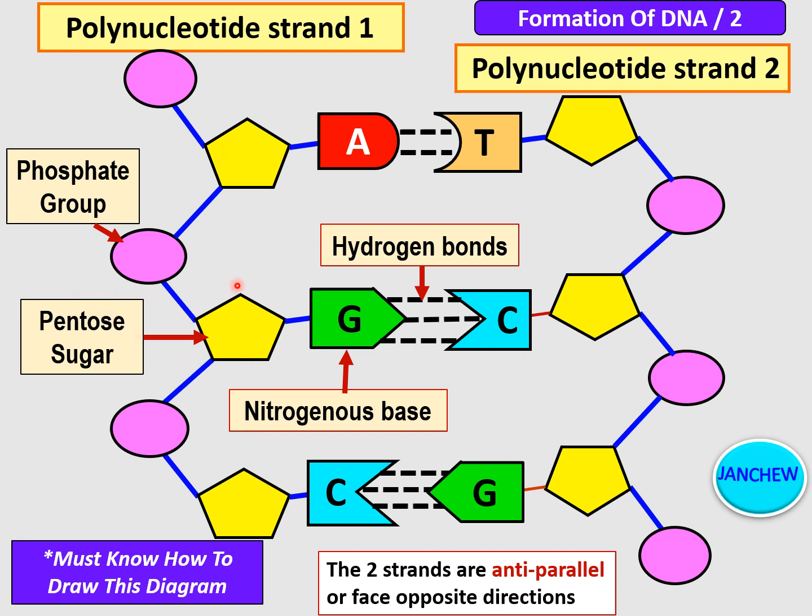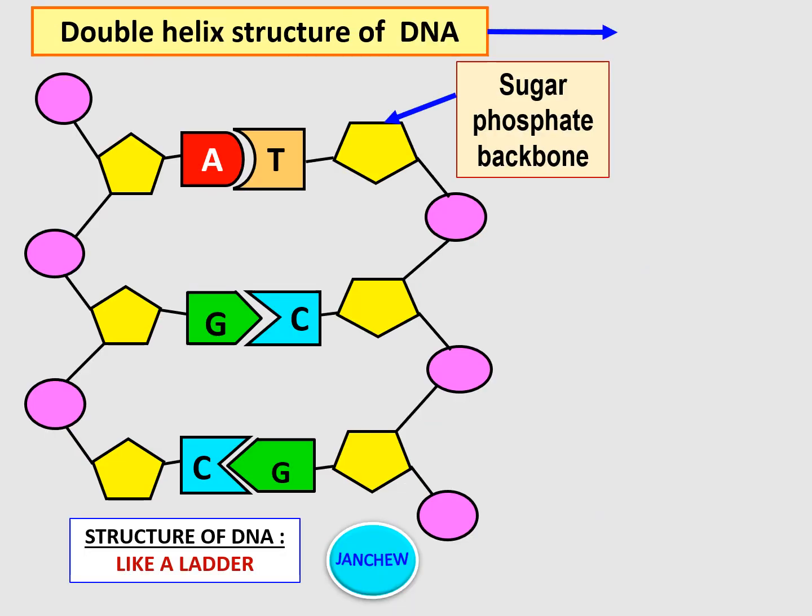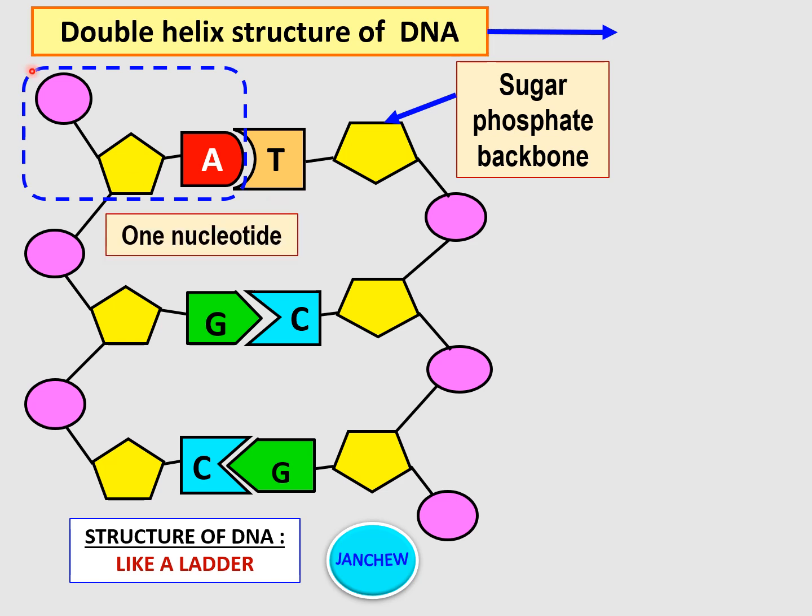Thus, it's good if you can draw this diagram into your exercise book as practice after learning this lesson. So here you have the molecule, the two strands of DNA joined together at the bases by the hydrogen bonds. Now sometimes in a picture like that, you may be asked to circle one nucleotide, especially for structured questions. So this is one nucleotide made up of a phosphate group, a pentose sugar, and a nitrogenous base.